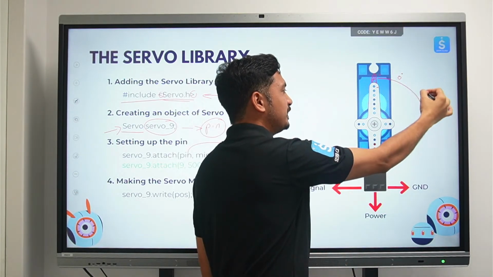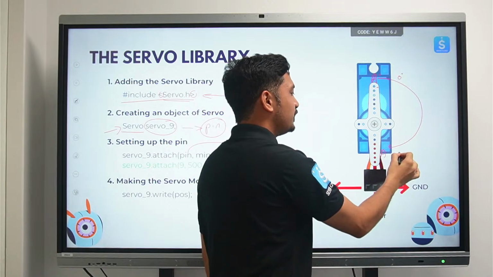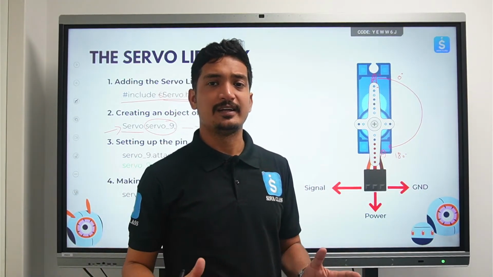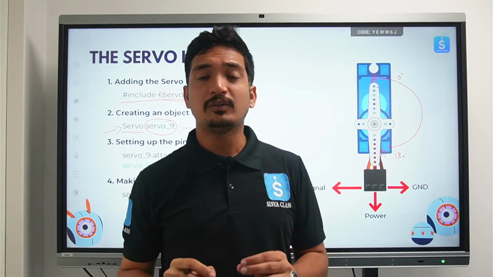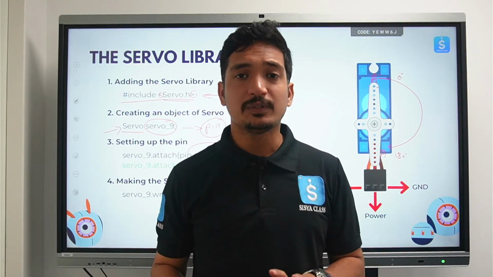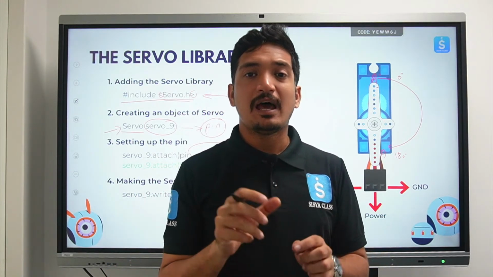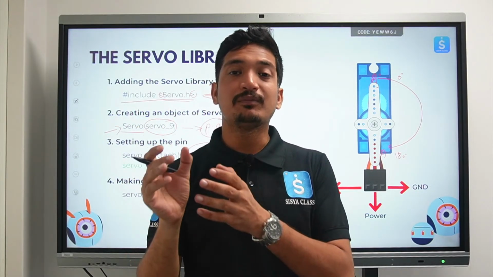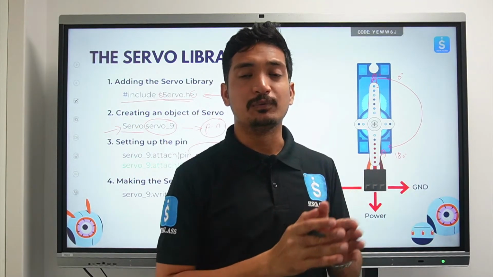If it rotates and comes to this point, then the angle will be considered as 180 degree. So this is the range. Once we know the range, every range will have an encoded number, and this encoded number will help to create a PWM.